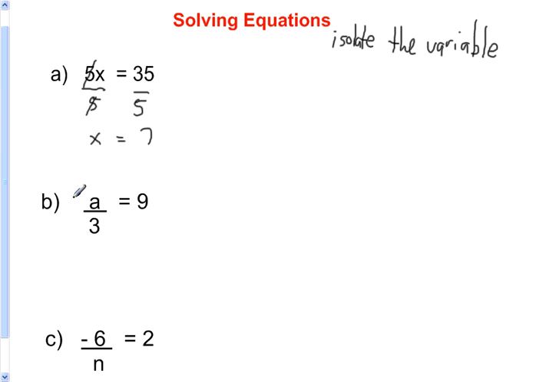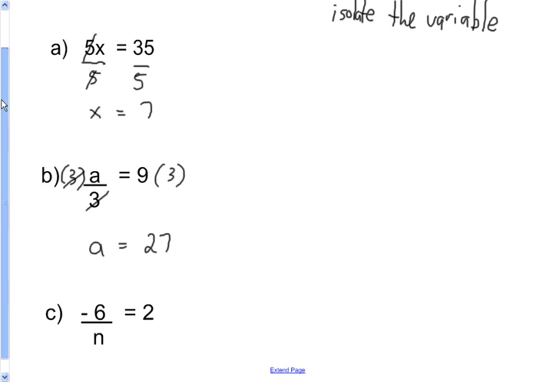So what we do is we multiply both sides by the same number, both sides by 3. And when we do that, we'll have a 3 in the top and a 3 in the bottom. They're going to divide each other out, leaving us with just an a. And on the other side, 9 times 3 is 27. So that's what we do if we have a fraction. Just multiply by the lowest common denominator.